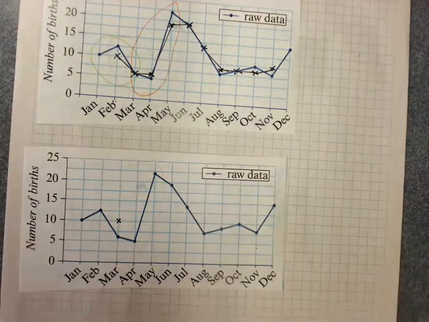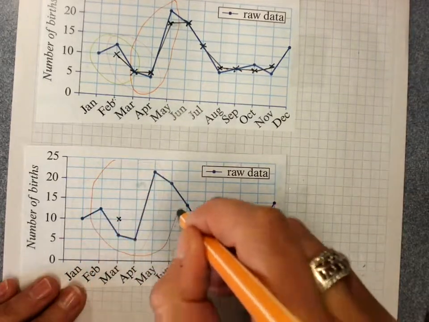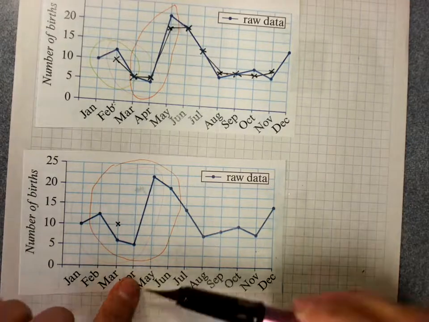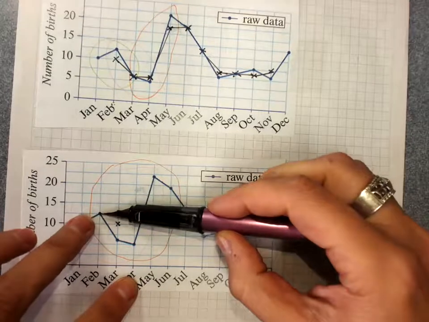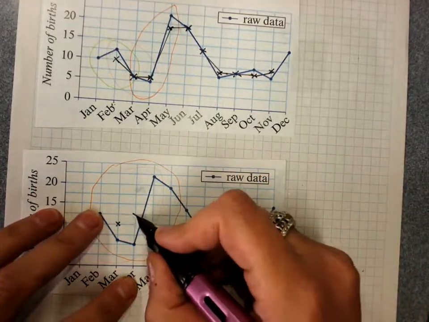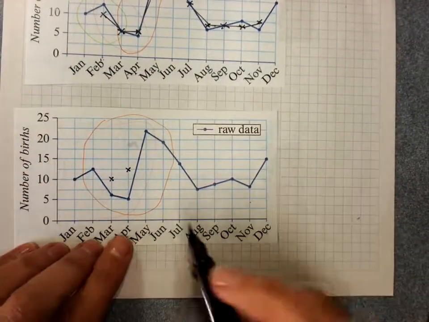Move across, next set of 5. We'll center on April and we move up. 1, 2, 3. Now by now you know that the third point is the middle point, so you can confidently put that there. Running out of space here.